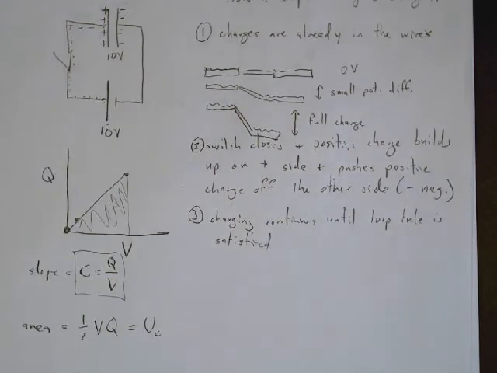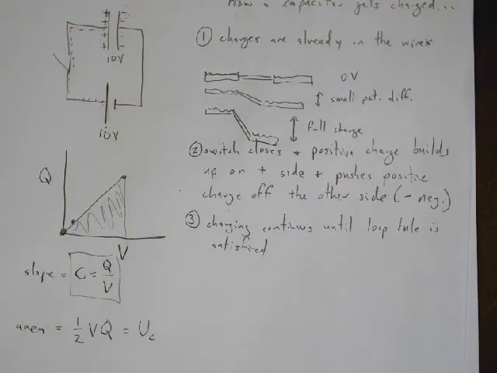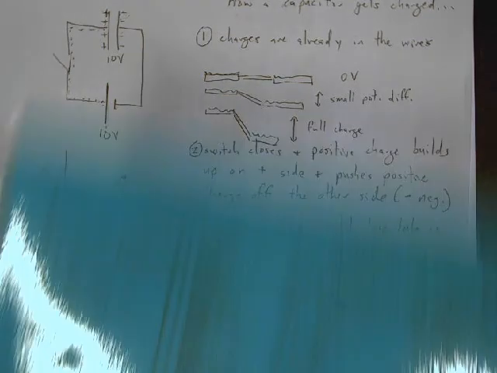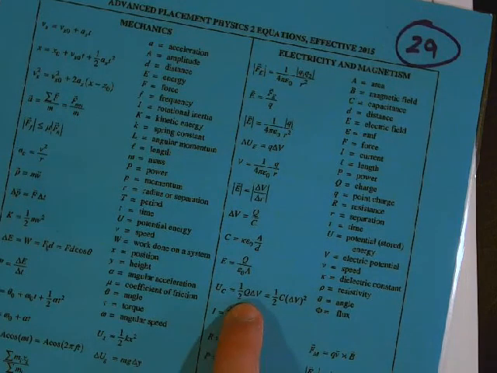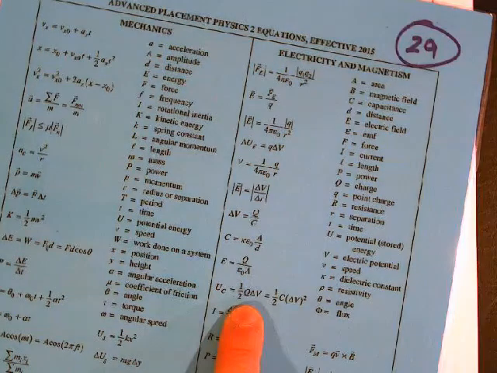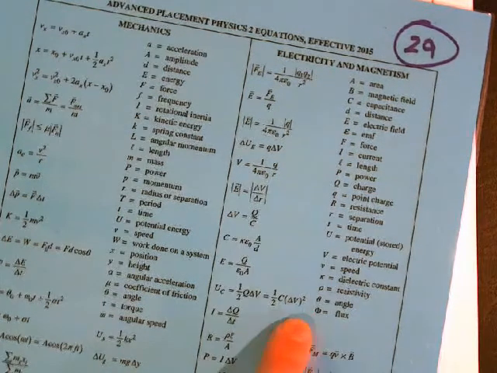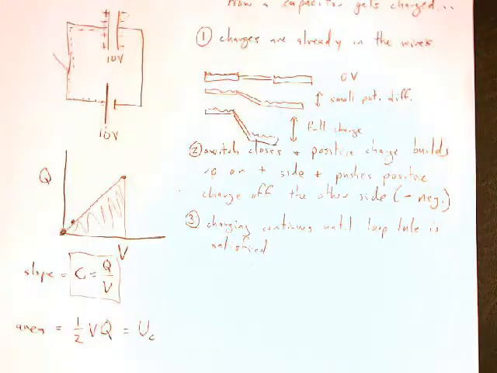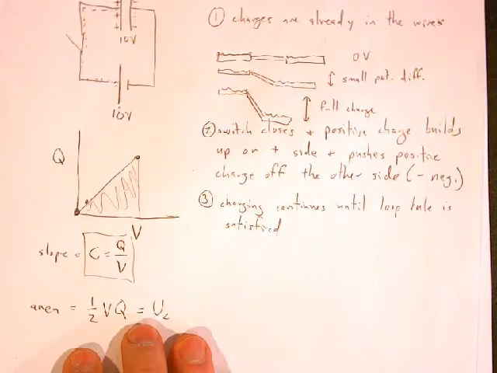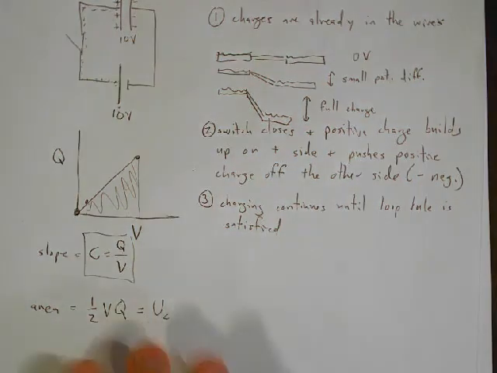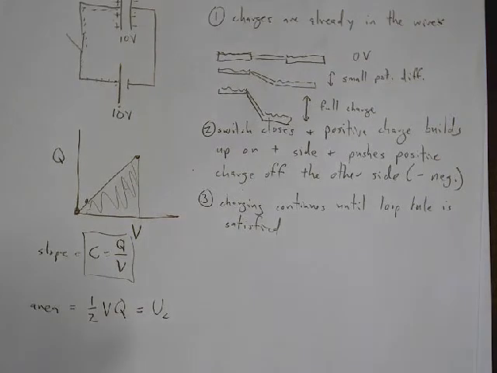Well, we already know Q times V is the energy of a capacitor. So that's how much energy is stored in your capacitor. And again, if you look at your equation sheet, it's right there. This one is just taking this other formula and plugging it in, but it's there. Okay, how am I doing? Is everybody with me so far?